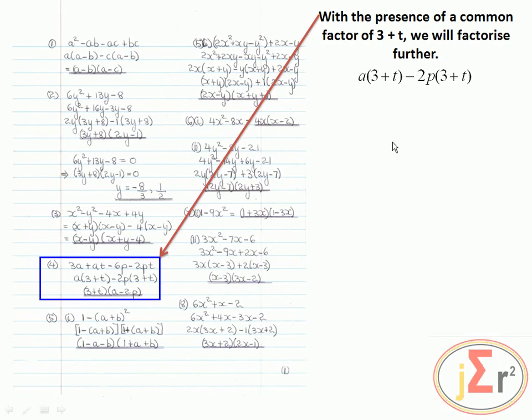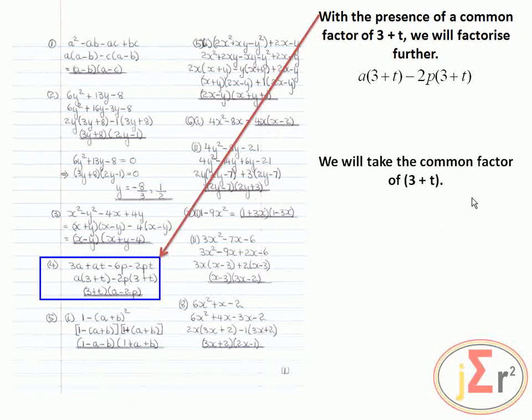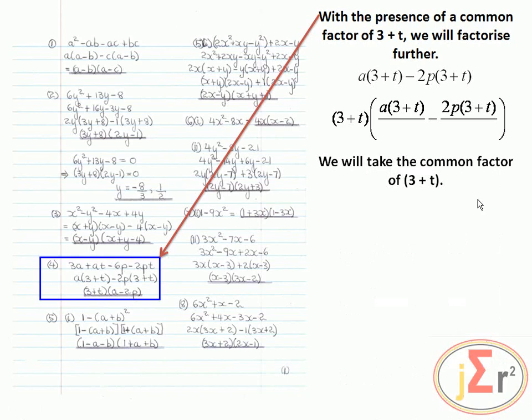With the presence of a common factor of 3 plus t, we will factorize further. So we have a common factor. Factorize further by taking that common factor of 3 plus t. And what do we do? Divide each one by the common factor.